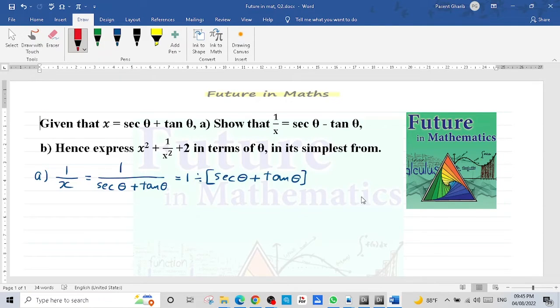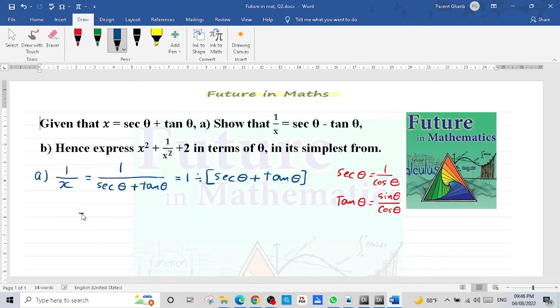We know that sec theta equals 1 over cosine theta, and tan theta equals sine theta over cosine theta.